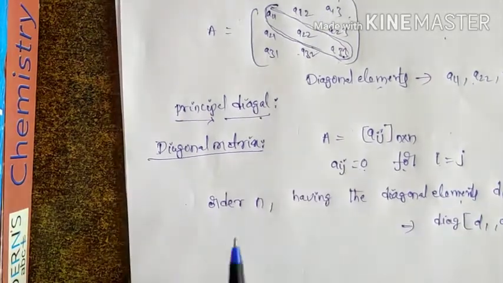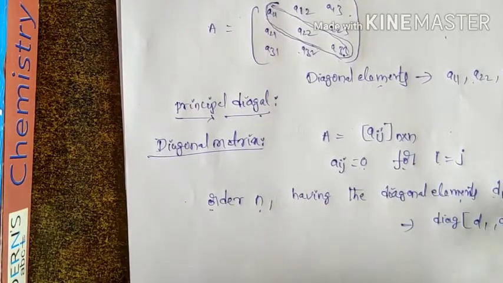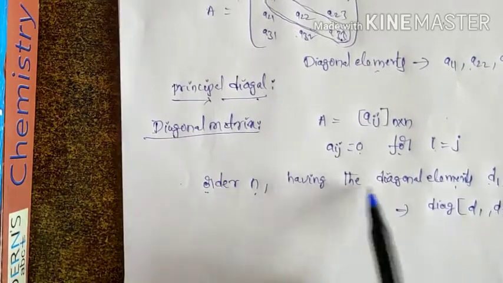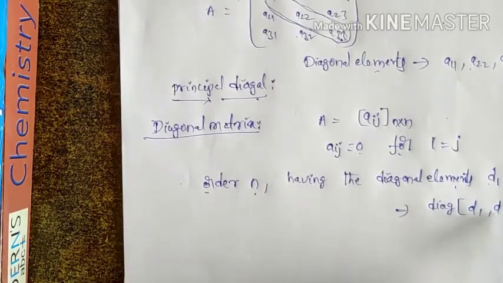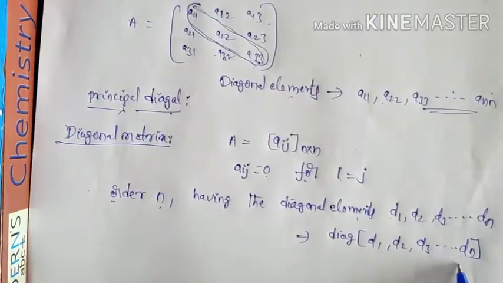So see here, suppose a diagonal matrix of order n having the diagonal elements d1, d2, d3, dn, then we can denote these elements like diag of d1, d2, d3 up to so on dn here.